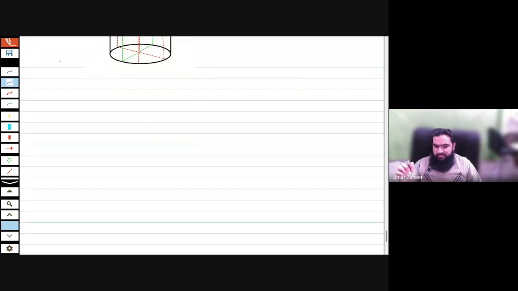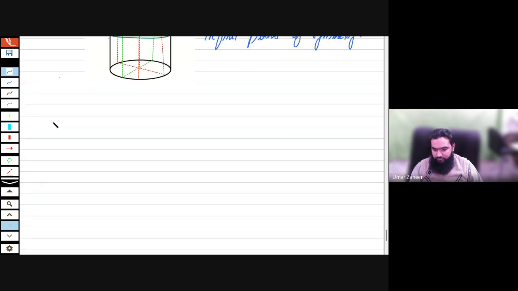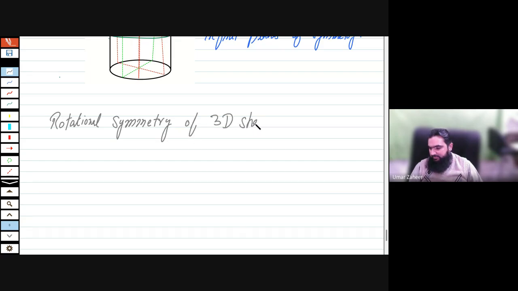After the planes of symmetry, we have the rotational symmetry of 3D shapes. Obviously, we have 2D shapes, but we have 3D shapes as well, in which we have to look for the axis. It means that on any axis, you rotate the figure through 360 degrees, so you are going to get the same shape.